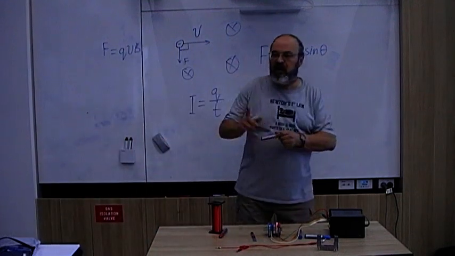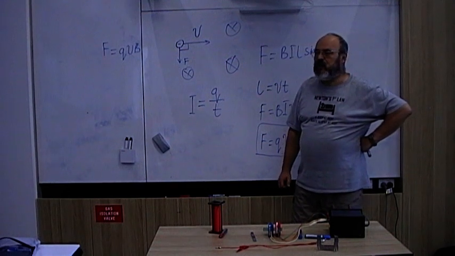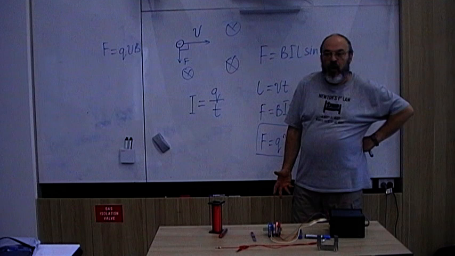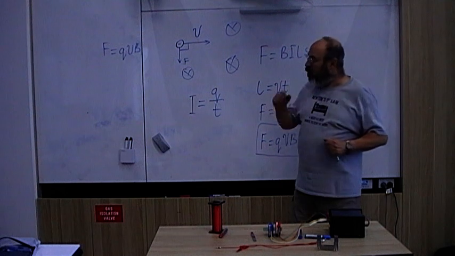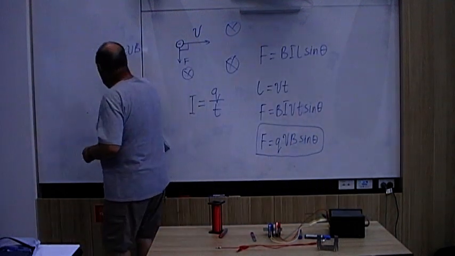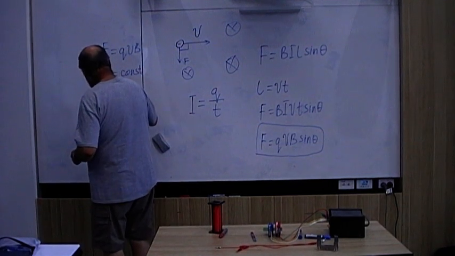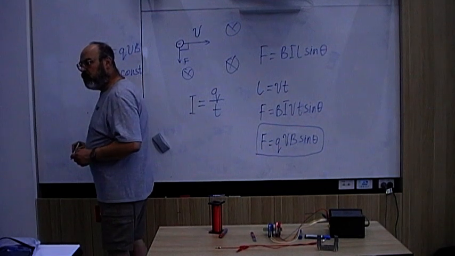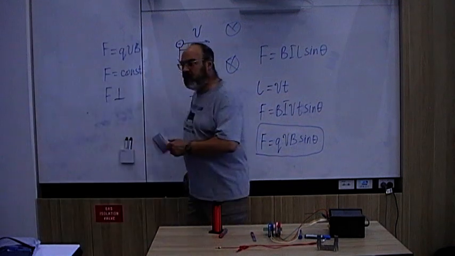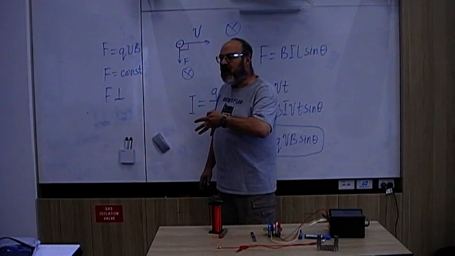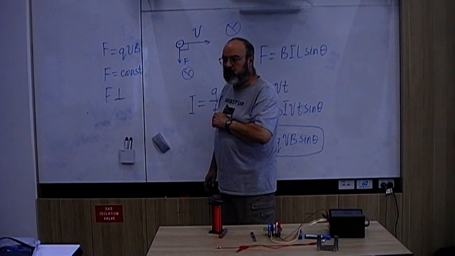Will the speed of the electron change? No. There is no force acting along the velocity. So in this case the force is constant, and always perpendicular to the velocity. Is the force always constant? Not necessarily. If you look at an electron moving in just a magnetic field, the speed is constant.